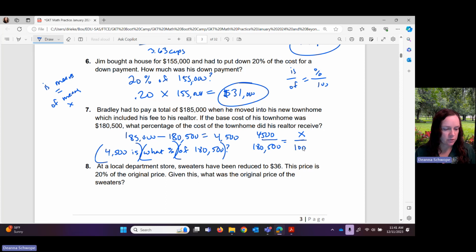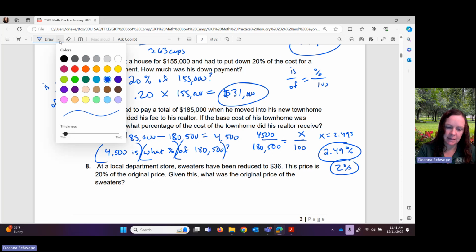So if we take 4,500 times 100, which is 450,000, divided by 180,500, it comes out to 2.4937. So we're just going to look at it as about 2.49%, or about 2%.